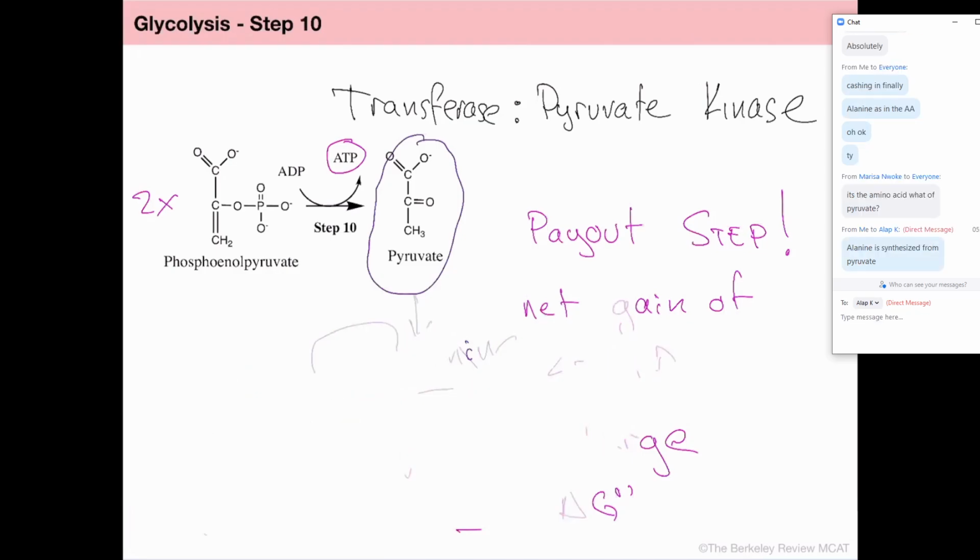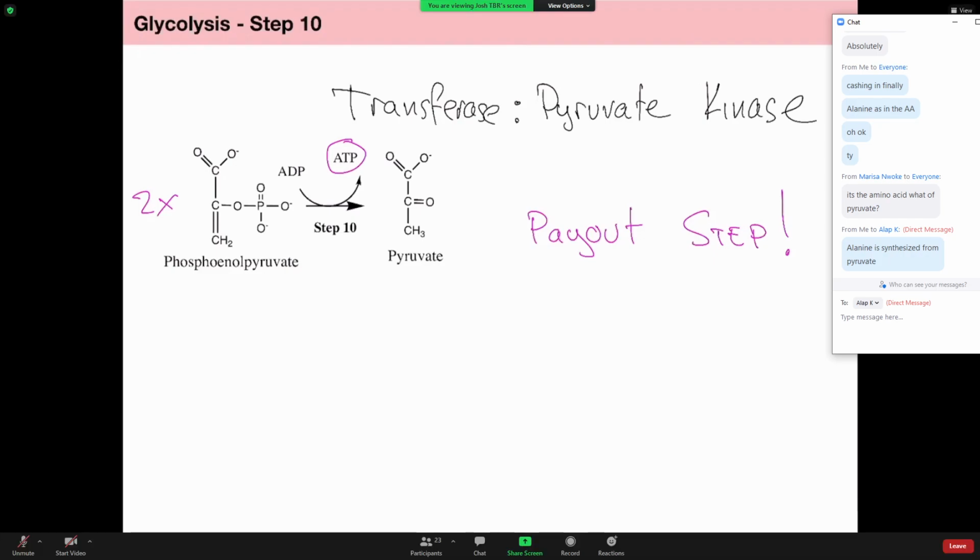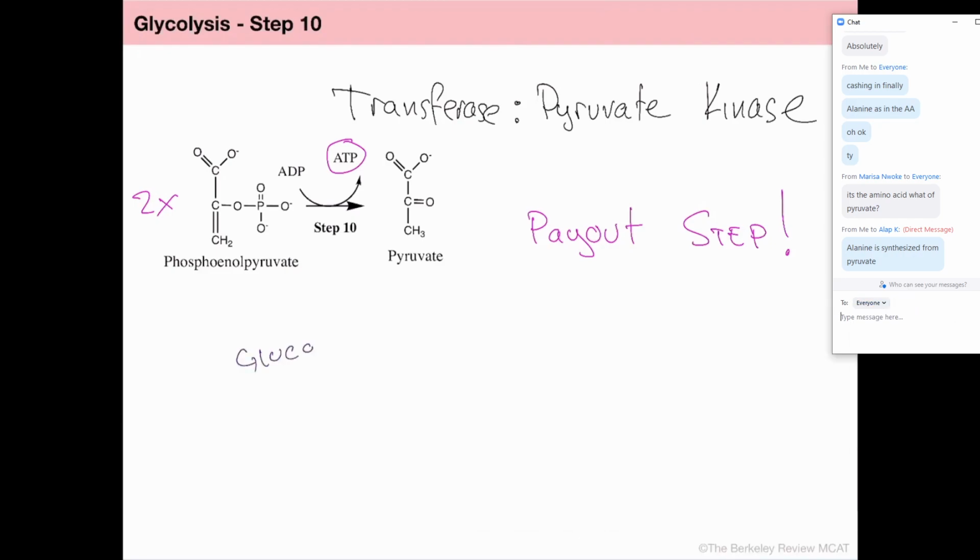Whenever you hear technical language like that, it's good to get a map or a picture, especially when you're drawing out your passages at first, and they start explaining things to you. So glucagon will activate a cyclic AMP cascade, which activates a cyclic AMP dependent protein kinase.